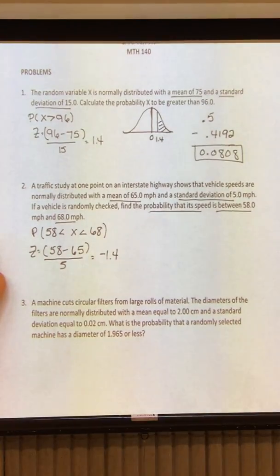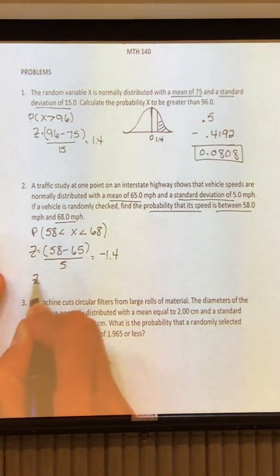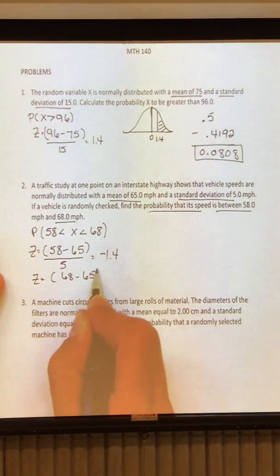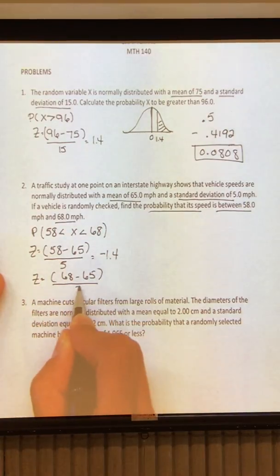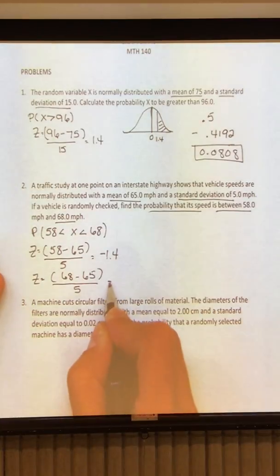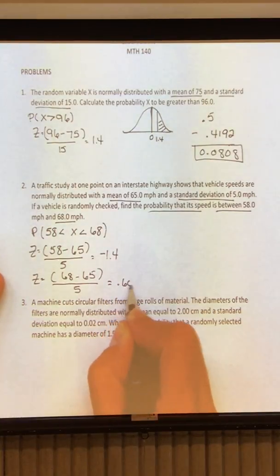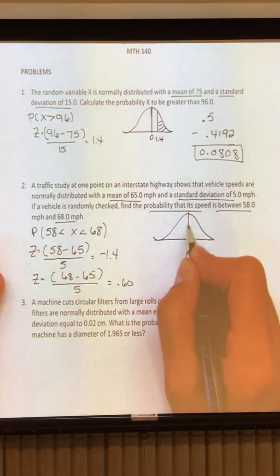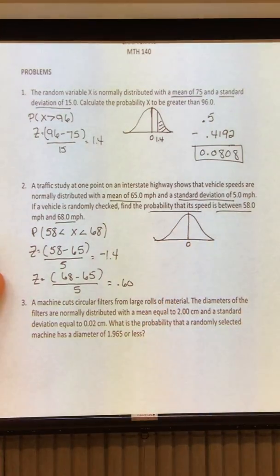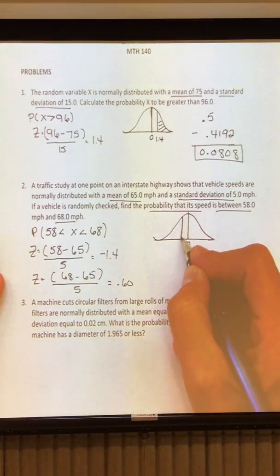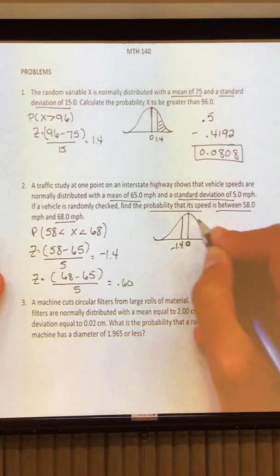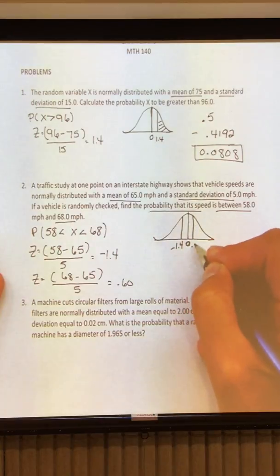And then the z-score of 68 is 68 minus the mean of 65, divided by the standard deviation, and that answer is 0.60. So drawing your curve, the mean is now 0, and your z-score is negative 1.4, which is to the left of the mean, and 0.6 is to the right.